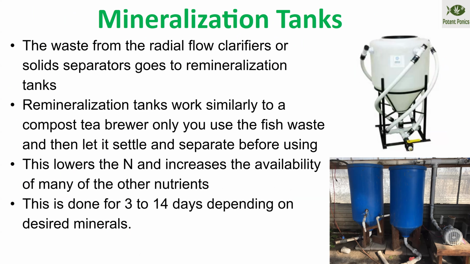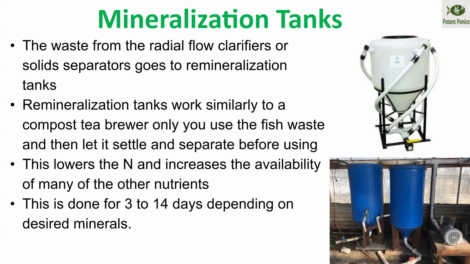The longer you brew your tea, ferment, whatever, or mineralize fish waste, the lower the nitrogen is going to be. So if you do a 1 to 3 day brew, you're looking at a much higher nitrogen level, maybe better for vegetative growth, leafy greens, that type of stuff.